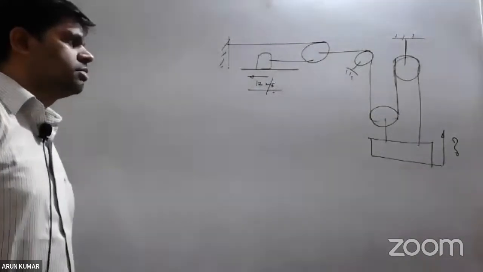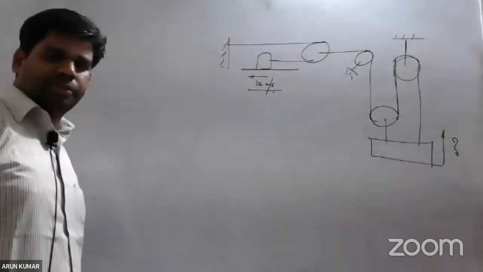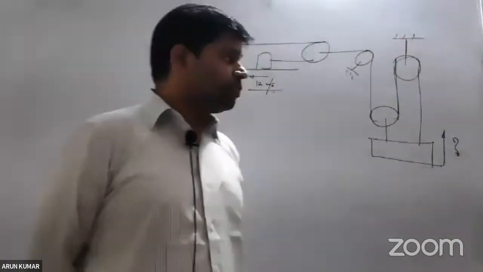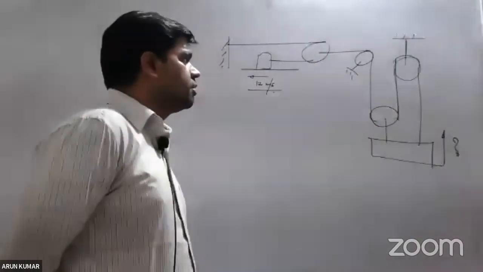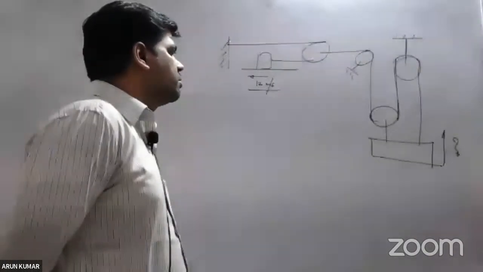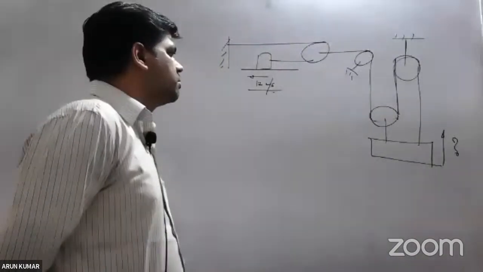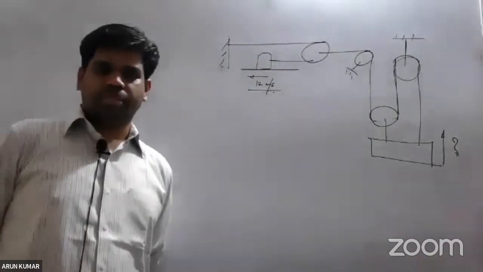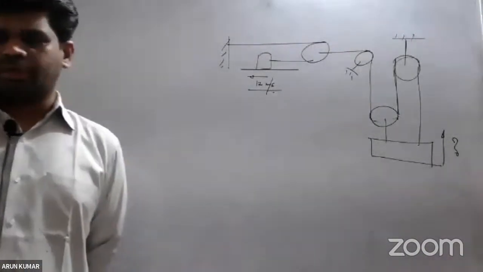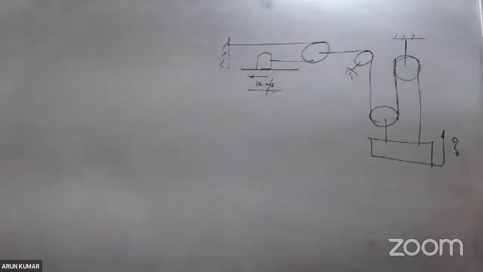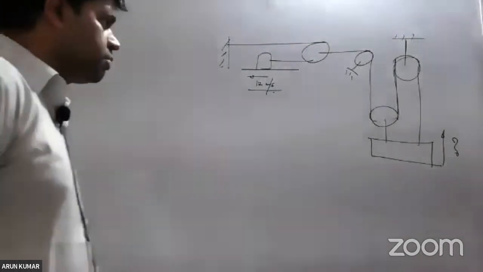So push-pull method. Okay, do both the methods. Do with both the methods. So what is the answer you get? It's a look and say. Use pen and paper if you want. So 24 meter per second, huh?